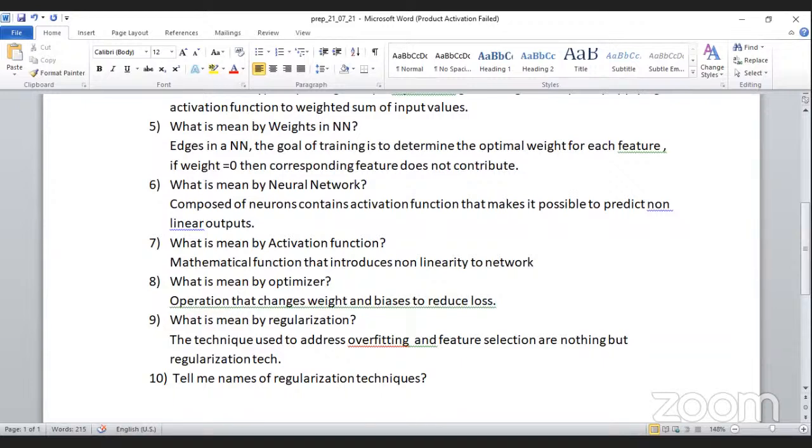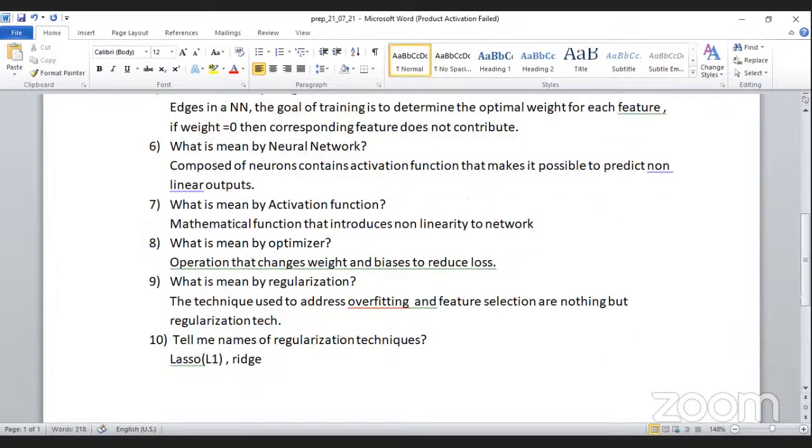There are techniques, yeah, lasso and ridge. Okay, so most of you are aware about lasso and ridge, which we are also calling L1 and L2.